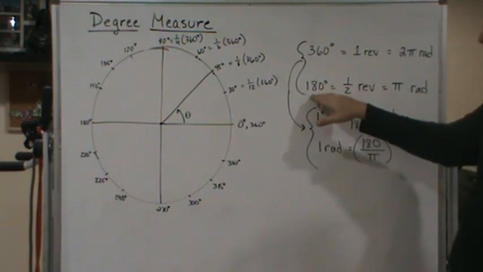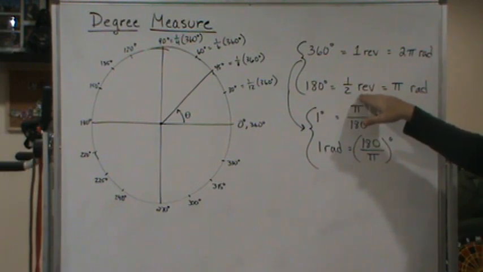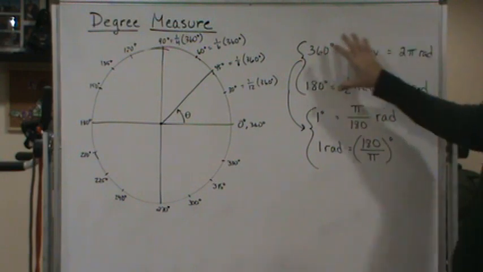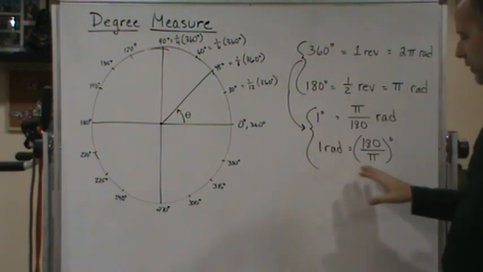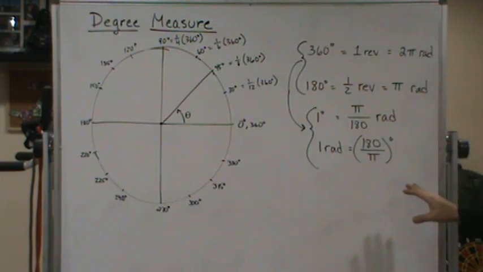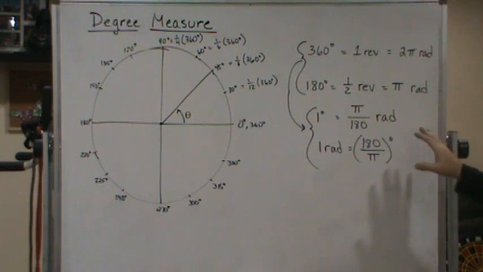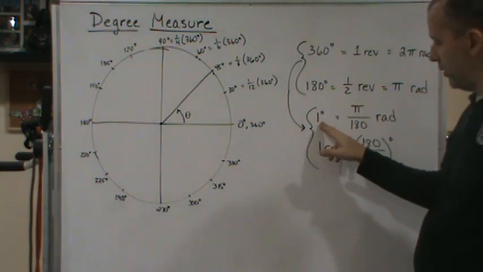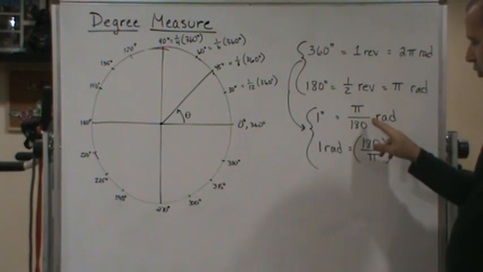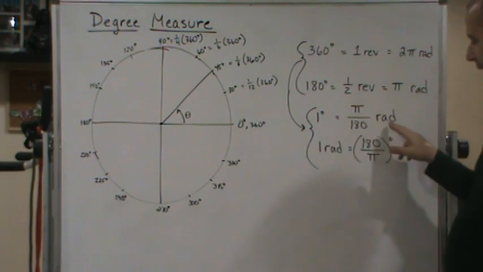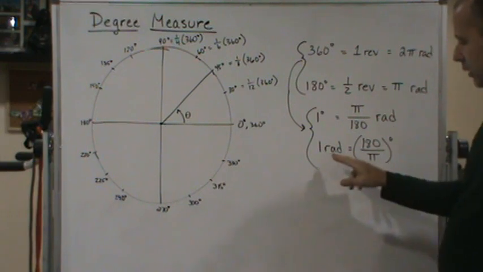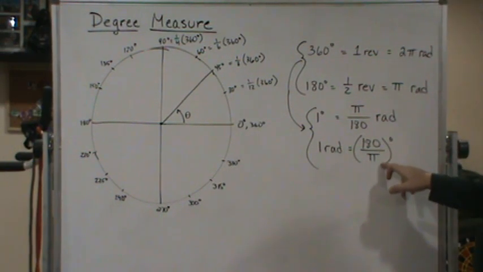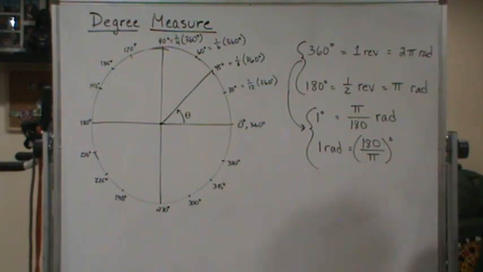So 180 degrees, which is half the revolution around the circle, is equal to pi radians. And then these two equations together give us these two conversions. So we can look at unit conversions. So we have 1 degree is equal to pi over 180 radians, or we can look at 1 radian as the same as 180 over pi degrees, okay?